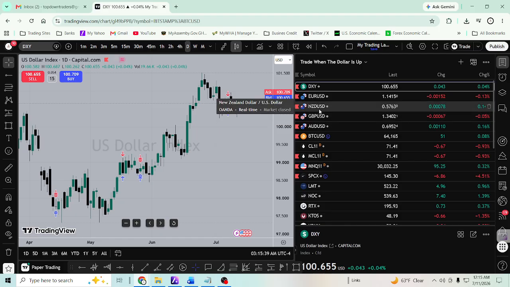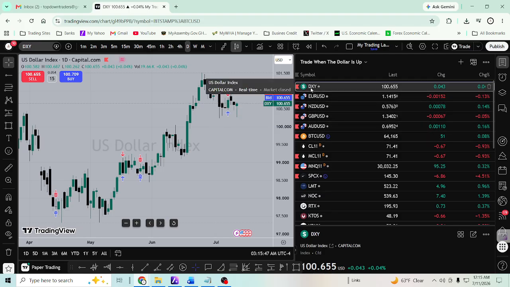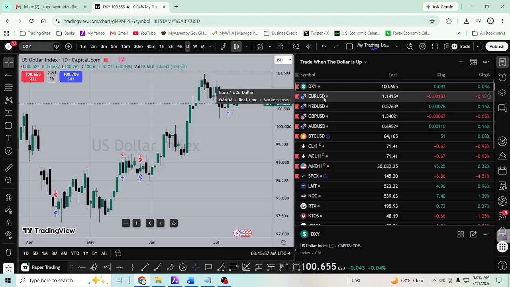When you see the USD in the back of the pair, each one of these pairs is going to follow the dollar index. And the ones you see USD first and then another currency, they're going to follow it too, but typically in the opposite direction. So they call them correlating pairs.